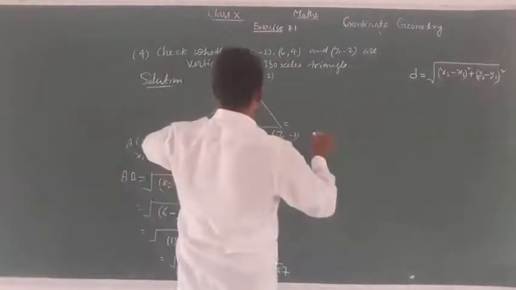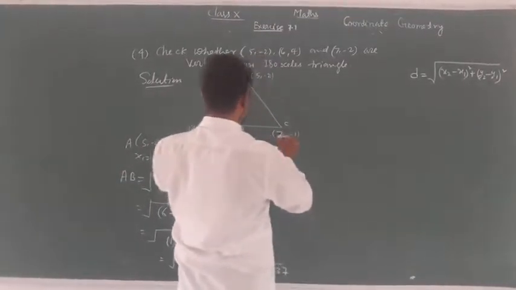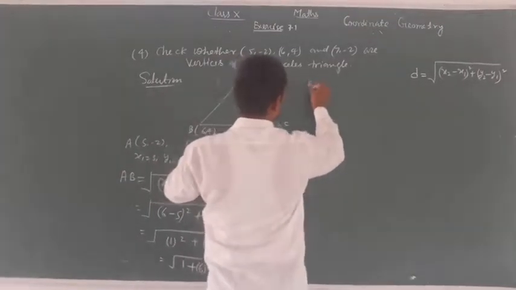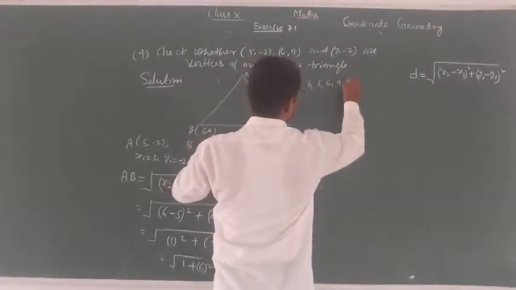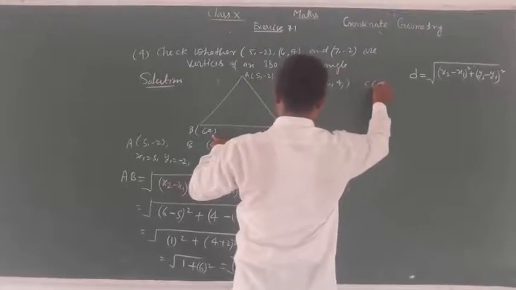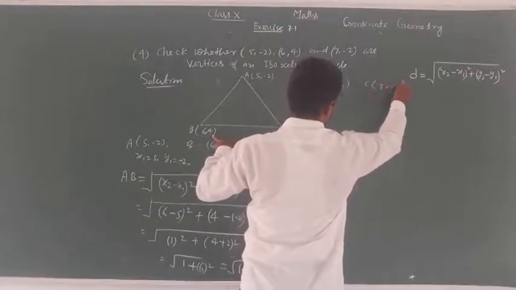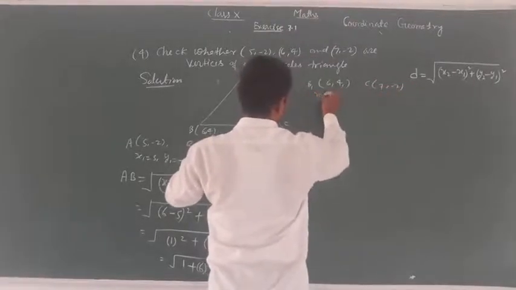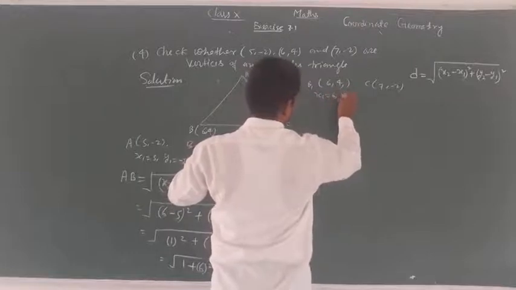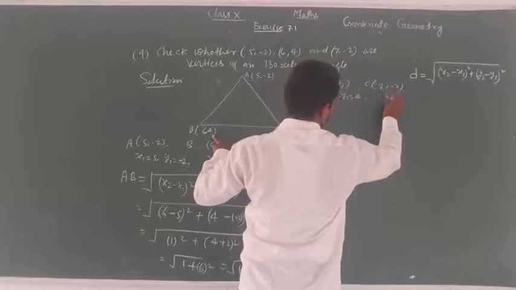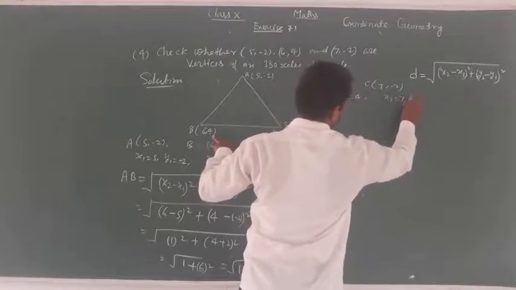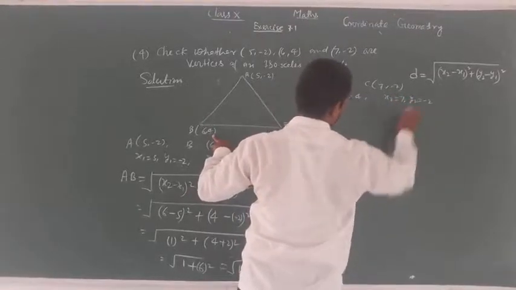And also the distance of BC: B point is (6, 4) and C point is (7, -2). So x1 is equal to 6, y1 is equal to 4 and x2 is equal to 7, y2 is equal to -2.